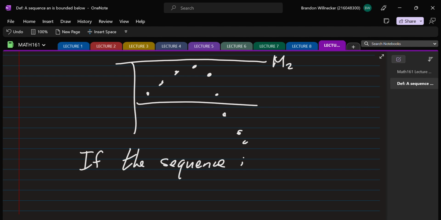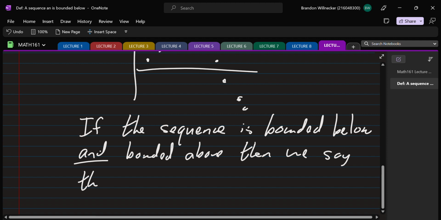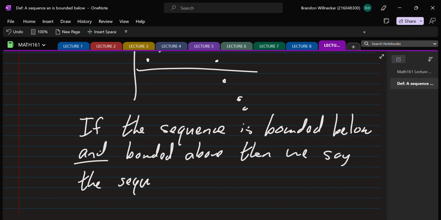So if the sequence is bounded below and bounded above, then we say the sequence is just bounded.